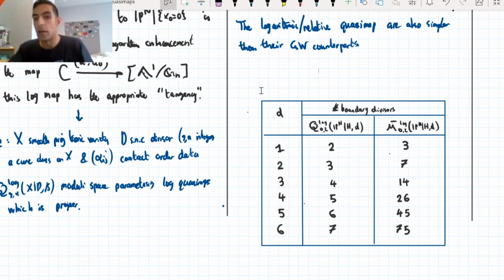And this is the number of boundary divisors. So both spaces are actually irreducible, but they have differing numbers of boundary divisors. And so I've written the number of boundary divisors for the Quasimap space and the corresponding Gromov-Witten space. And so this is supposed to be my propaganda for why the space is in some sense better behaved.